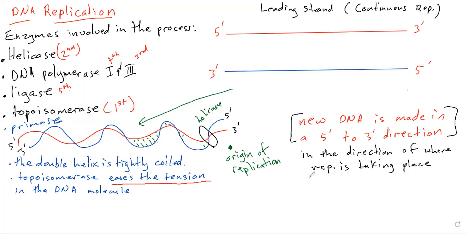So question: if this side is the left side and over here is the right side, in our example, is replication taking place from left to right or from right to left? In what direction is DNA replication taking place in our example here?